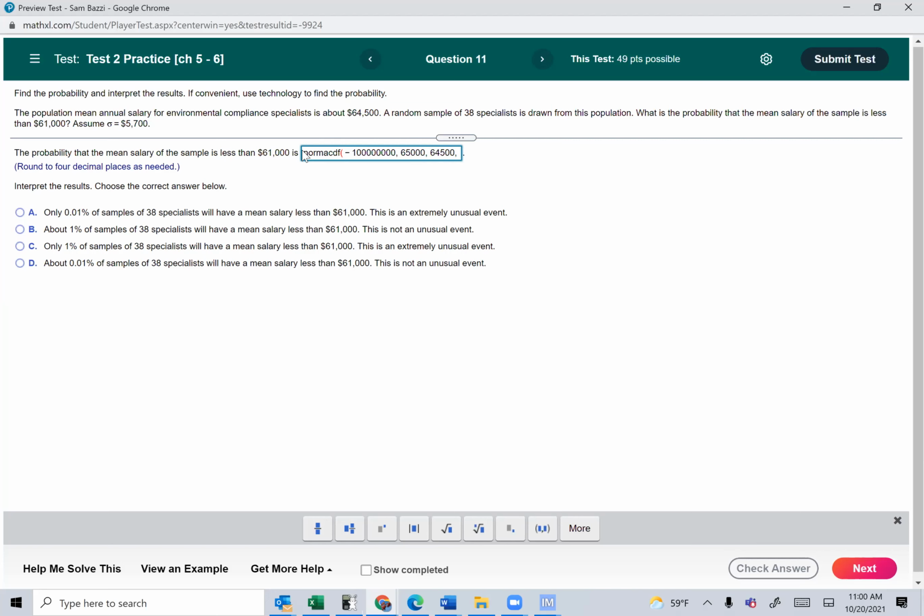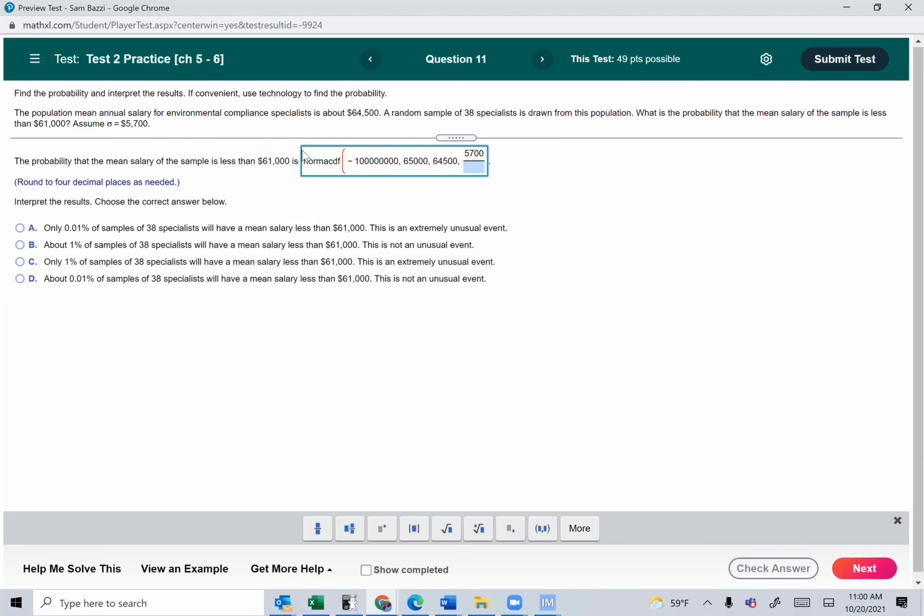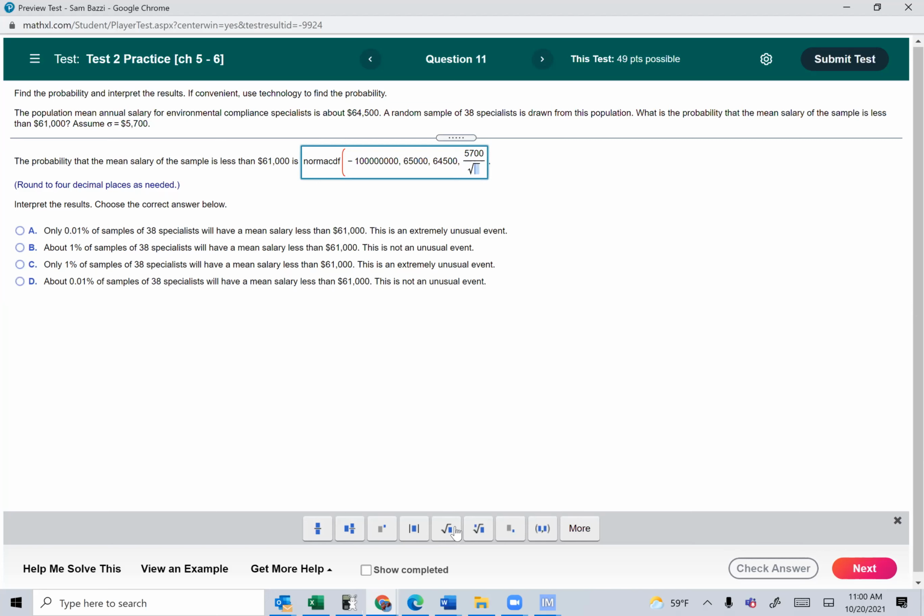And here's where you have to pay attention, guys. When he gives you a sample size and he wants the probability of the sample mean, you just take the standard deviation 5,700 and divide it by the square root of the sample size, 38. And then you can find the answer right here, guys. You run it into your calculator.